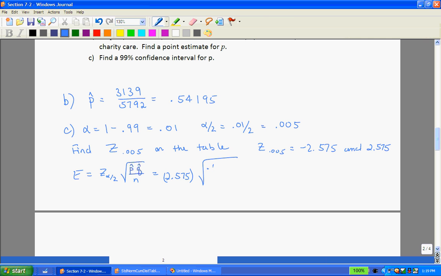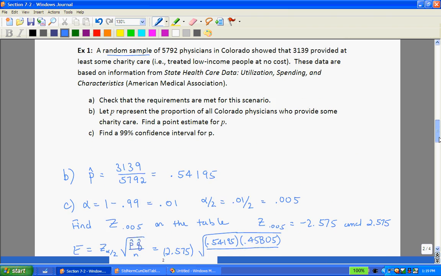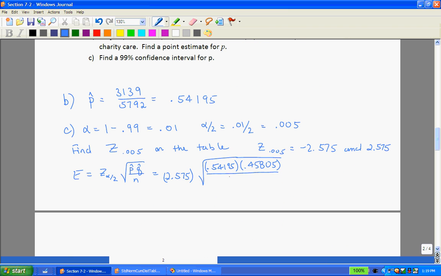P hat we found to be 0.54195. Q hat, I'm just going to subtract that from 1, so I get 0.45805, divided by N, and our sample size was 5,792.